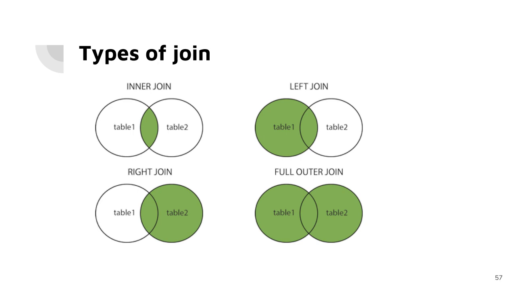Symmetrically, we can do the right join, which has the same semantics but on the right-hand side, or the full outer join. Then we don't lose any data in case there's no intersection, so in case some attributes are missing. That's a special type. So inner join is used the most, sometimes also left join.